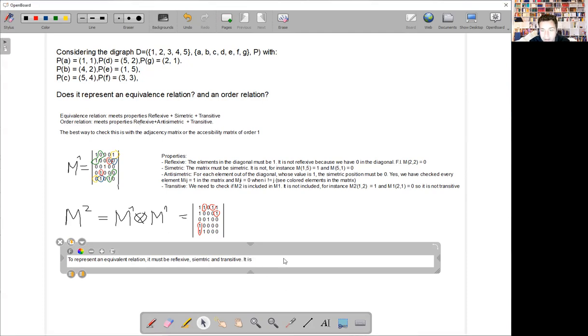And it is none of them, right? So it does not represent an equivalence relation.